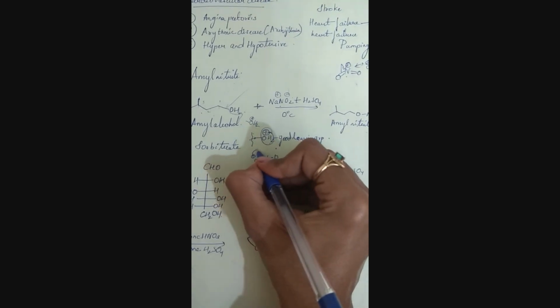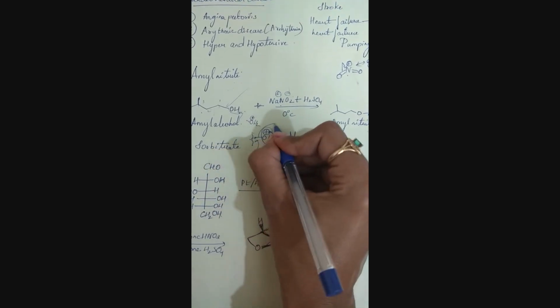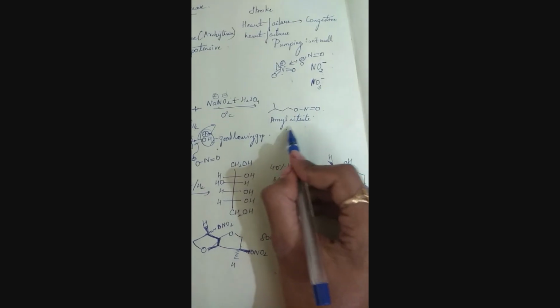So the negative charge of the oxygen attacks this carbon, and hence this leaves out, and we get the amyl nitrite.